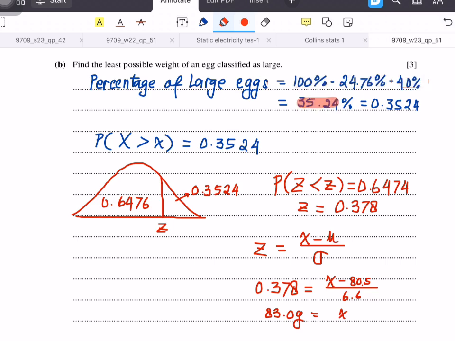The result is 35.24%, or it's equal to 0.3524 in decimal. So probability x greater than x is equal to 0.3524. We can see this diagram.